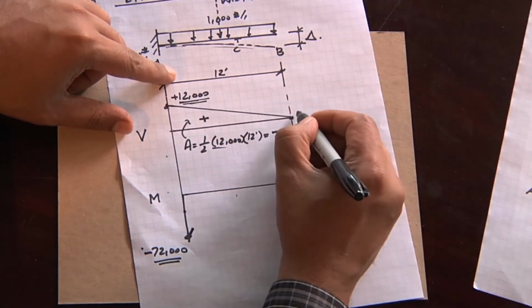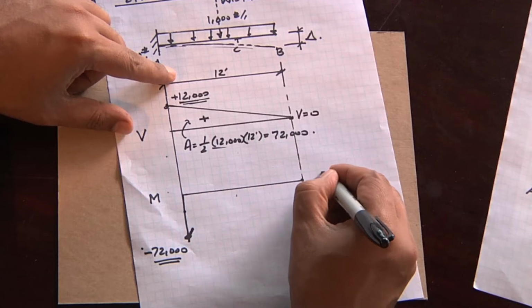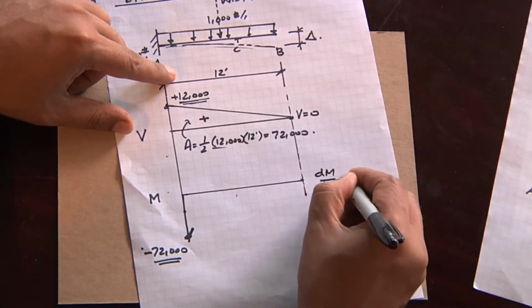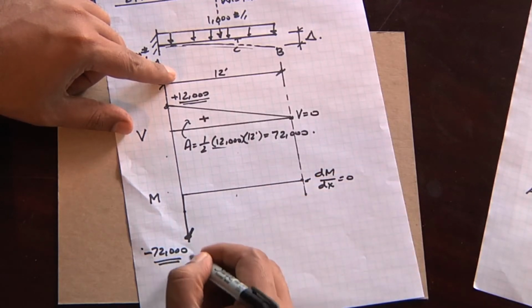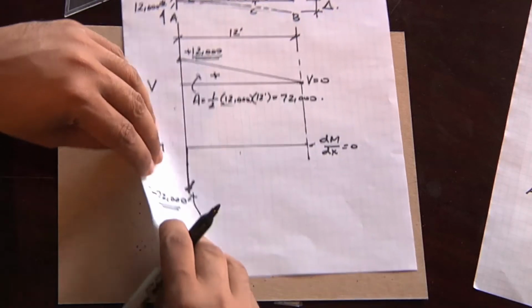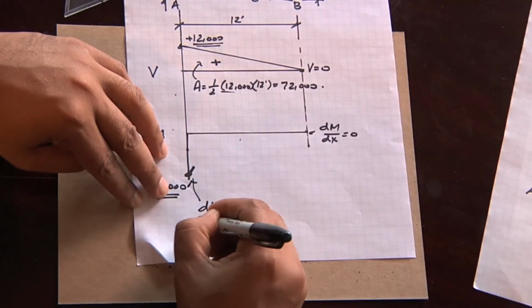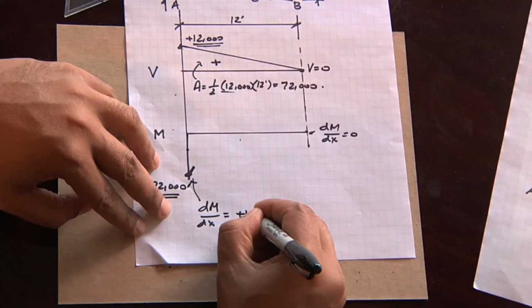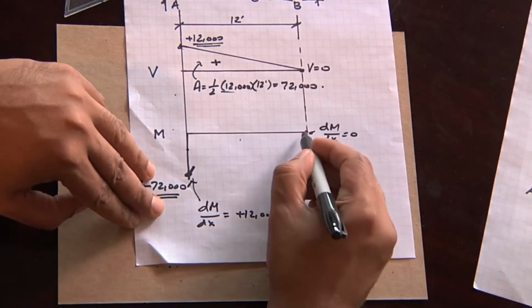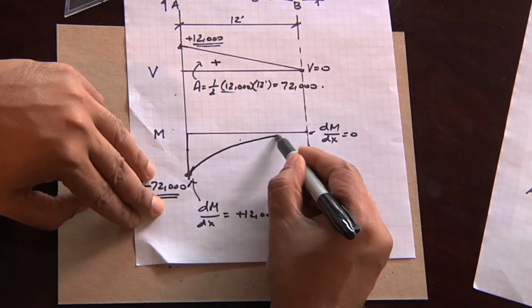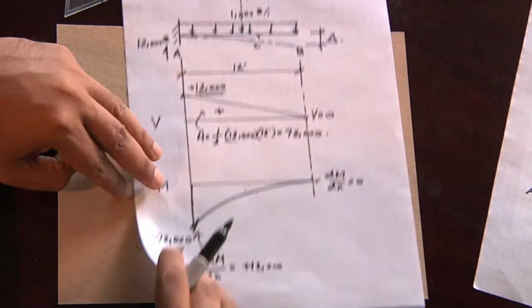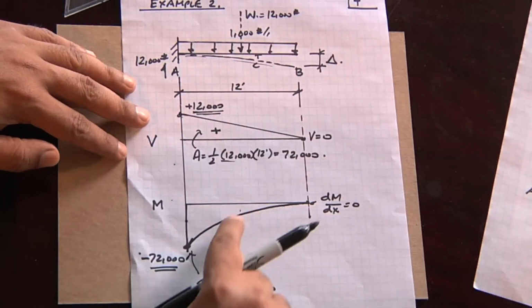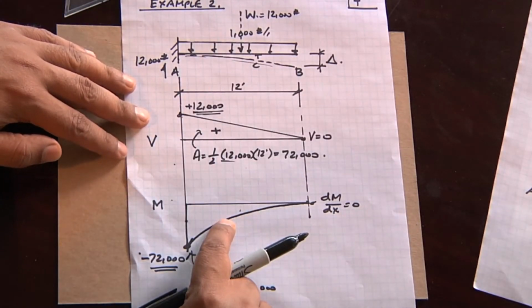And here, since my shear is 0, the slope of my moment diagram will be 0. Here my slope of my moment diagram is plus 12,000. Here it's 0, so the curve looks like this. Shear diagram, moment diagram.